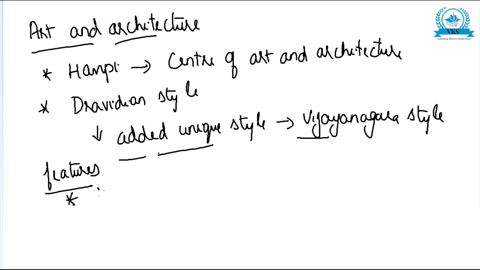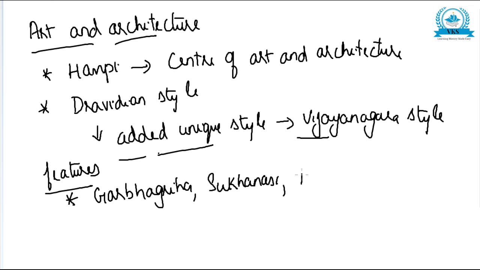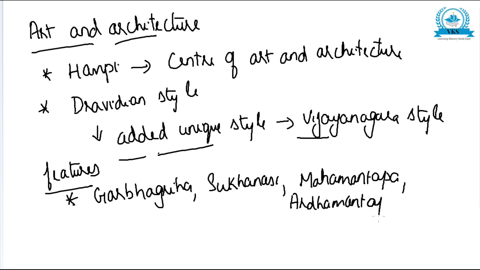In the Vijayanagara style, a temple consists of Garbhagriha, Sukhanasi, Mahamantapa and Ardha Mantapa.